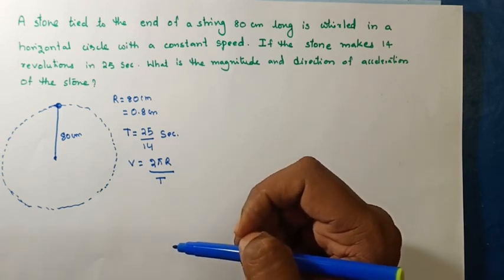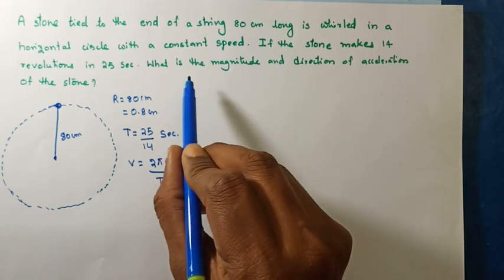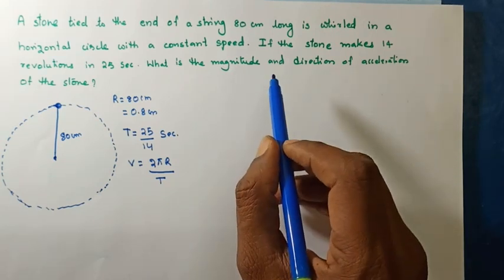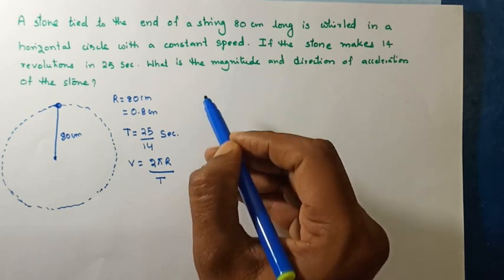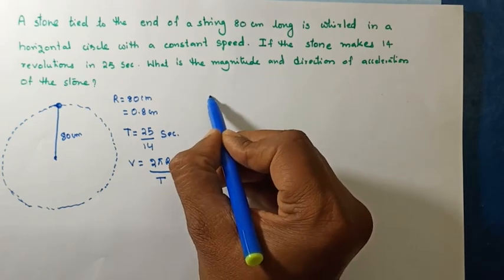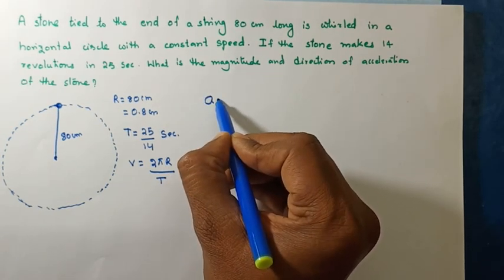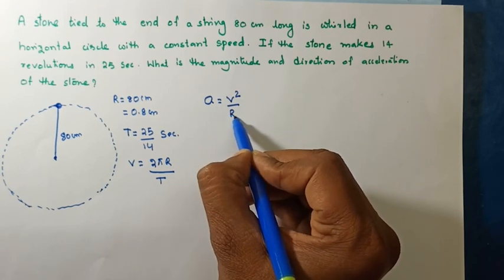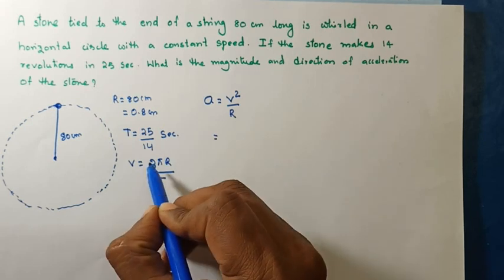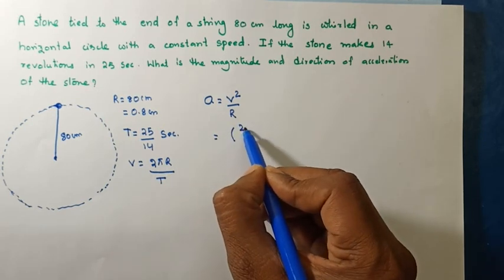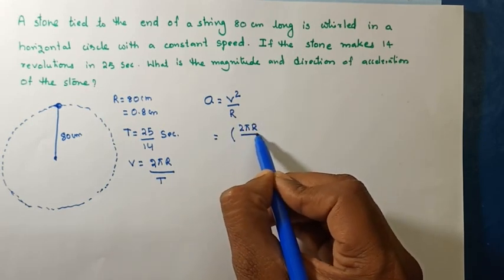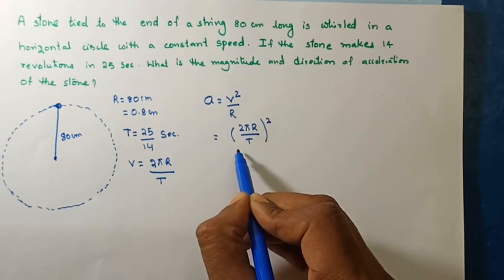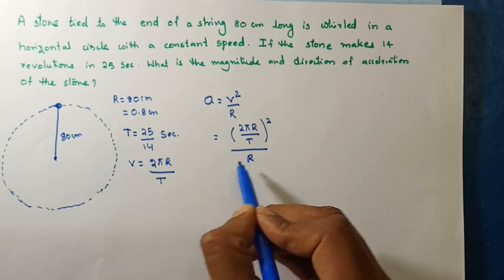It's not the issue. What they asked is the magnitude and direction of the acceleration of the stone. You know that this is called centripetal acceleration. Centripetal acceleration is equal to v square by r. What is v here? 2 pi r by t whole square, by r.